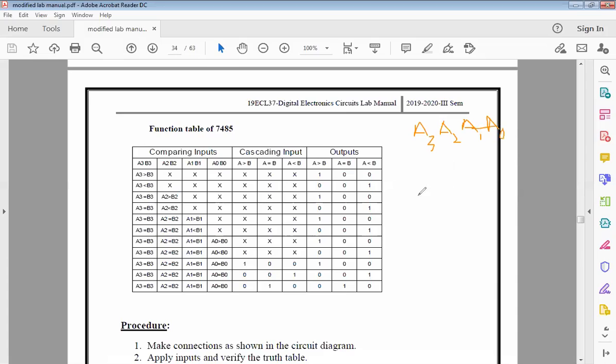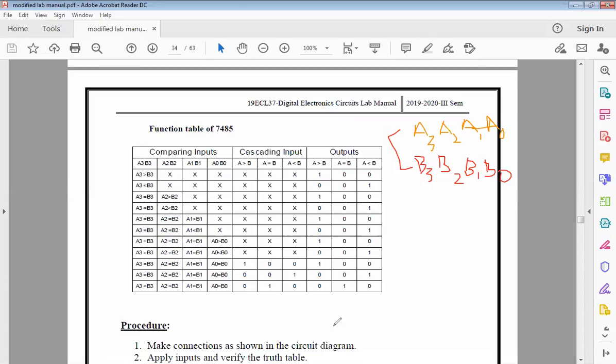Similarly for B also: B3, B2, B1, and B0. So comparison will happen between these bits. A0 is compared with B0, A1 is compared with B1, A2 with B2, and A3 with B3. So this kind of comparison happens.